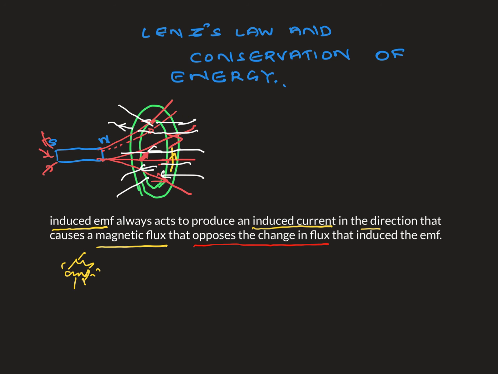Both fluxes together are going to increase the current here. So we're going to get an infinite amount of flux and an infinite amount of current. That means we're going to get an infinite amount of energy from nothing, because energy here is stored as magnetic energy and converted into this current.